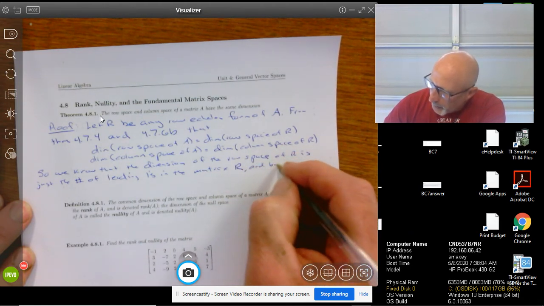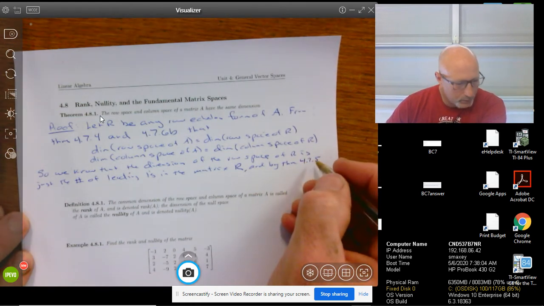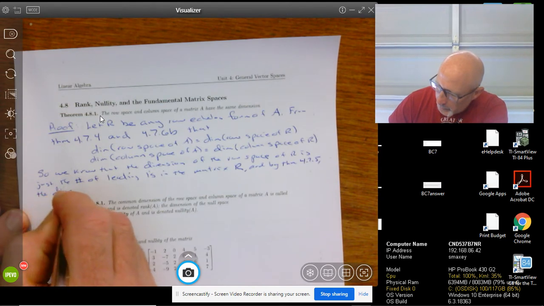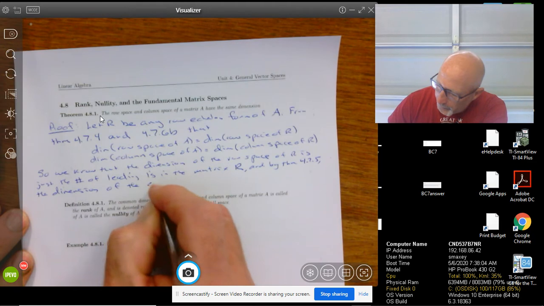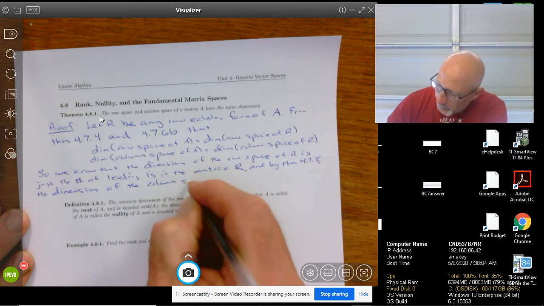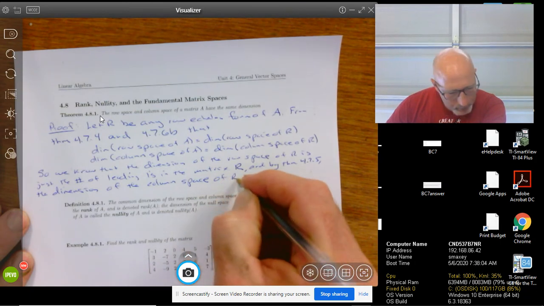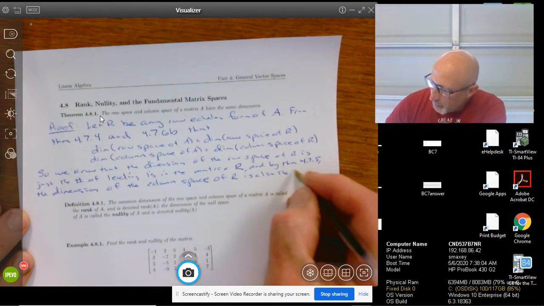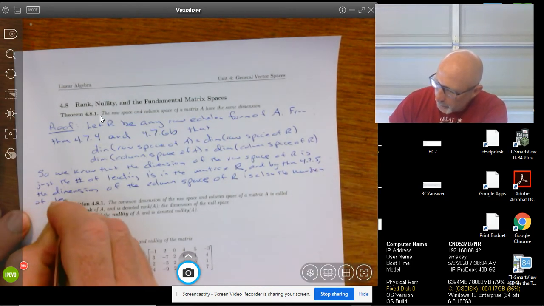And by theorem 4.7.5, once again, go look that up, the dimension of the column space of R is also the number of leading ones.